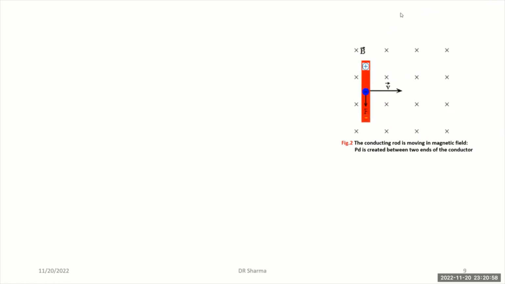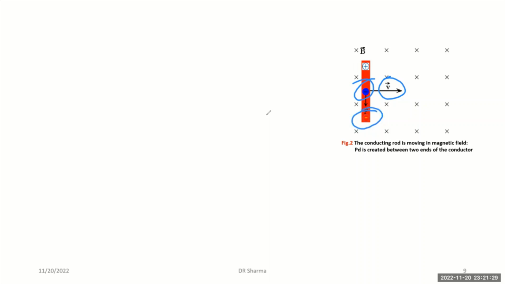Okay, this figure shows the same conductor which is moving with velocity v to the right in an inward magnetic field. As it moves, the free electrons in it experience downward Lorentz force. Because of this, the lower end will be negative.